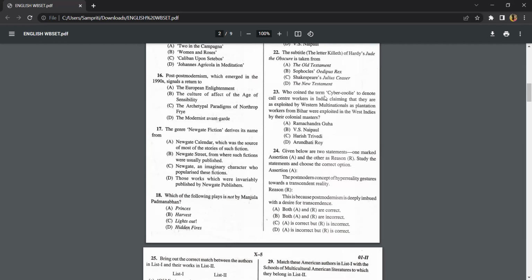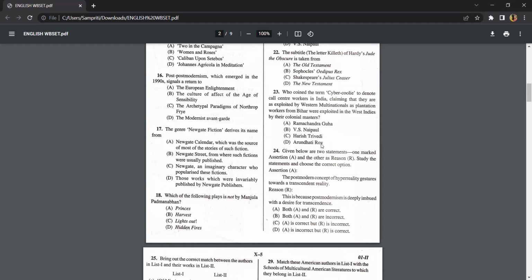23. Who coined the term cyber coolie to denote the call center workers in India, claiming that they are as exploited by Western multinationals as plantation workers from Bihar were exploited in the West Indies by their colonial masters? I did not know this, but well, it's not V.S. Naipaul.